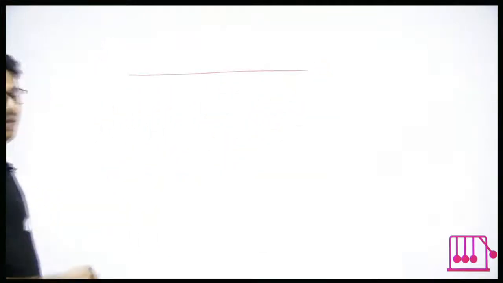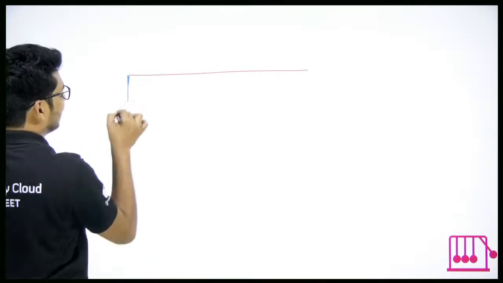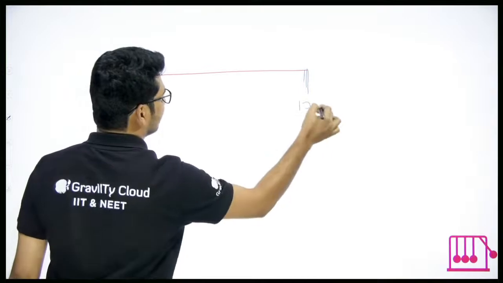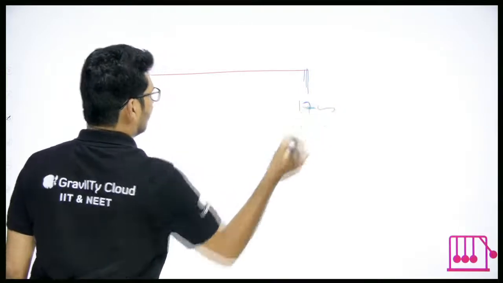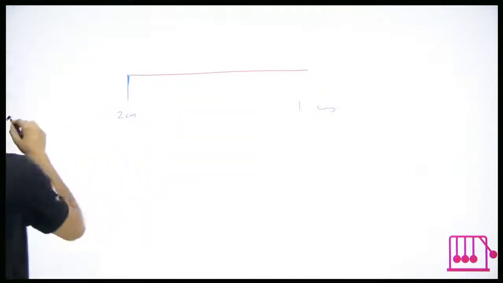Let's say this is a straight line and I'm using a scale. So at one end the reading is 2 centimeter and at the other end the reading is 17 centimeter. What will you do?